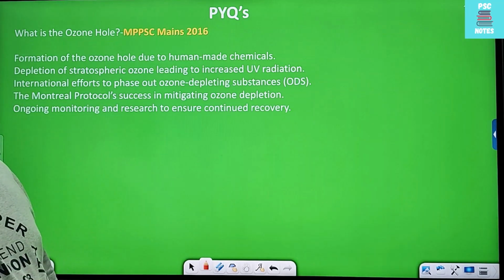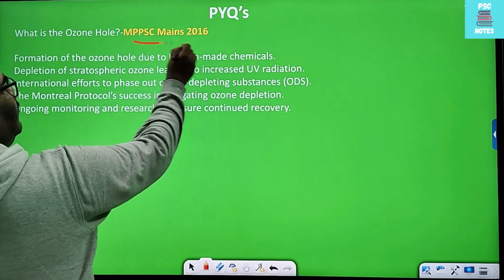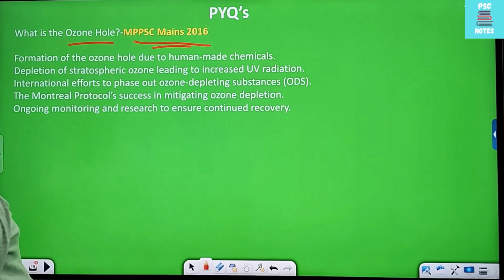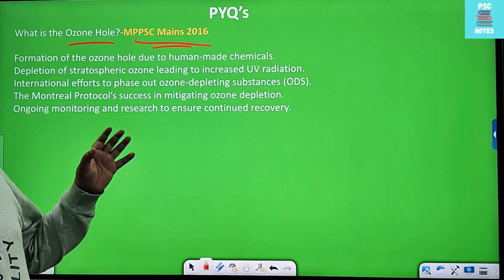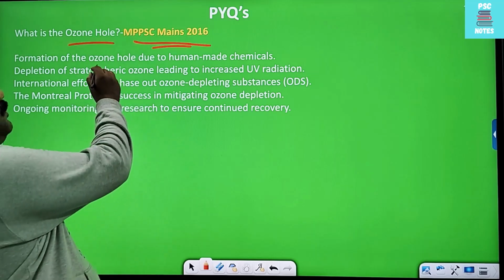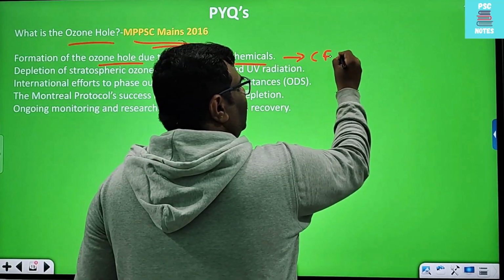Now again in the mains, MPPSC mains 2016, they have asked what is ozone hole. So it is a formation of ozone. We can also explain the ozone hole formation due to human-made chemicals like chlorofluorocarbons.